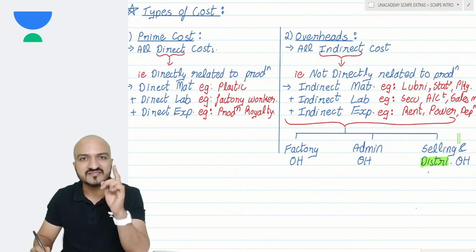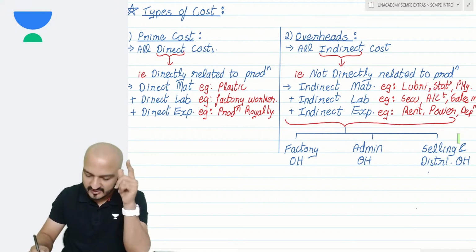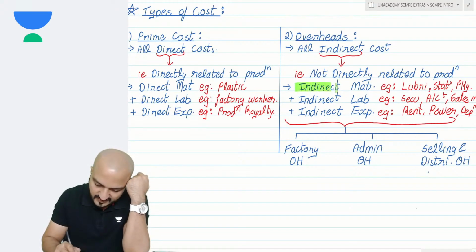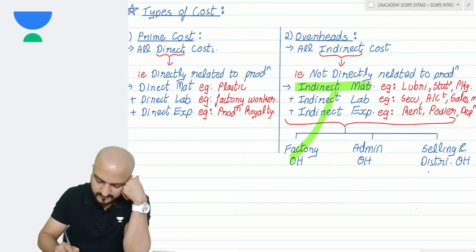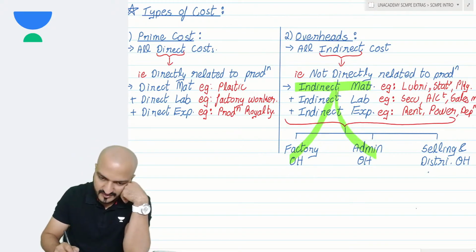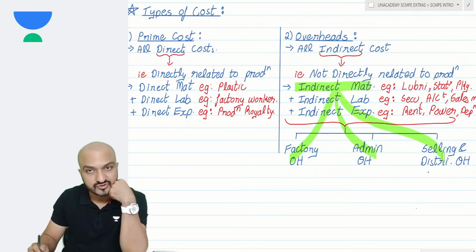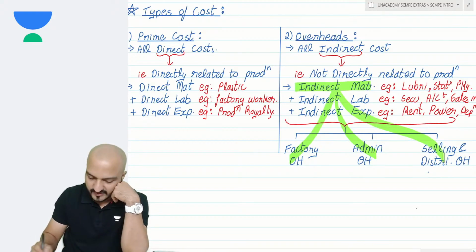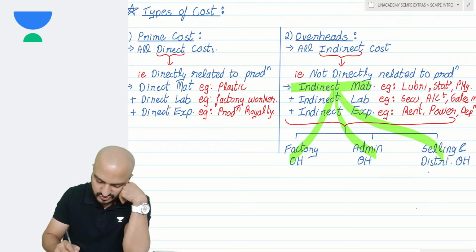Again, I need examples from you. So can you give me an example of indirect material which is used in the factory? Then give me an example for indirect material used for admin and indirect material used for selling and distribution. Tell me, indirect material used in the factory.